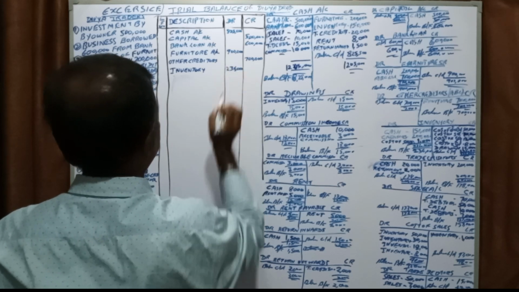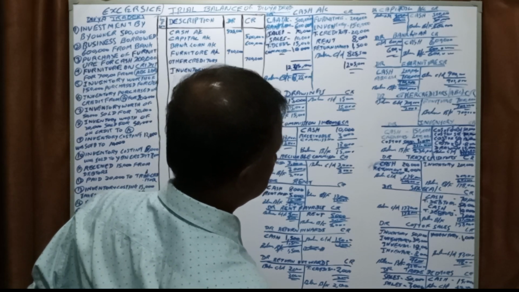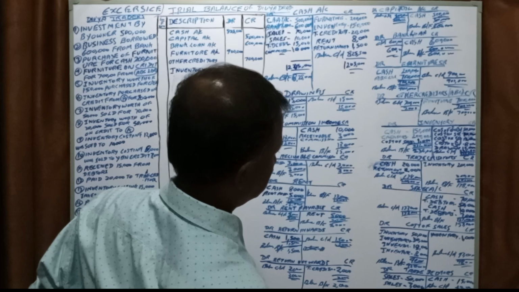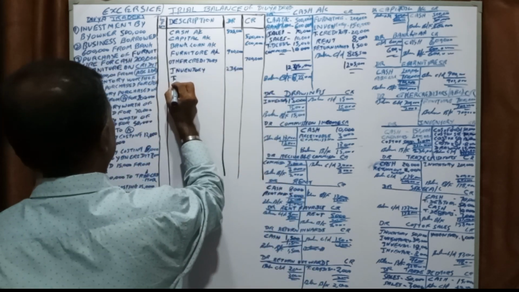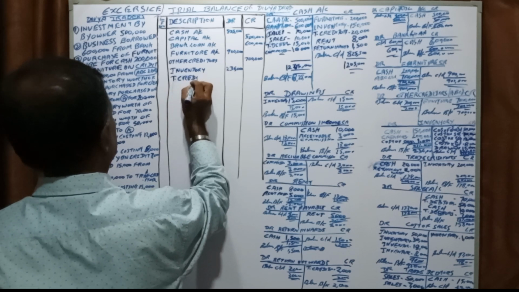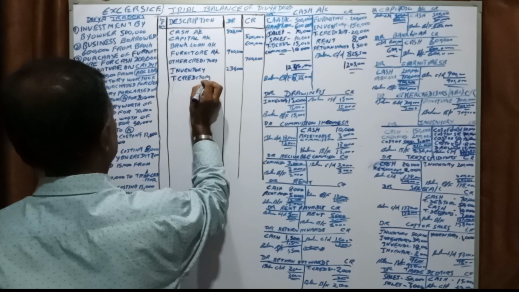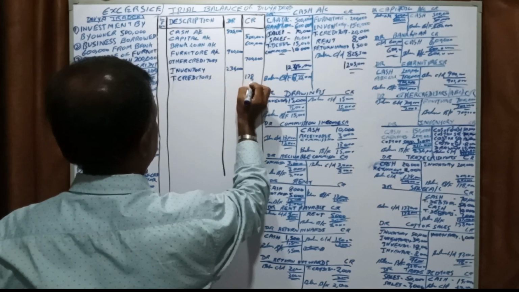Trade creditors had a balance of 178,000.